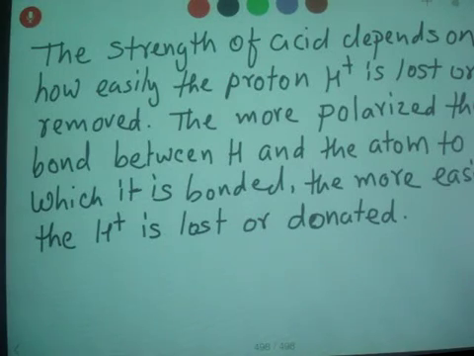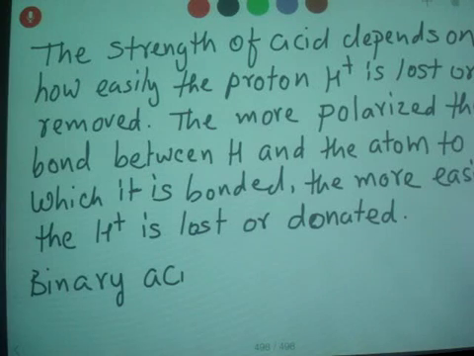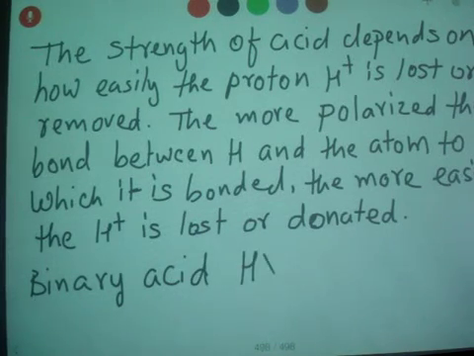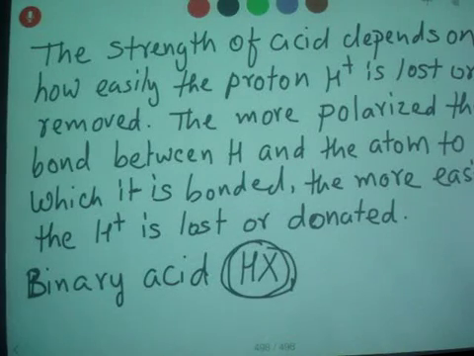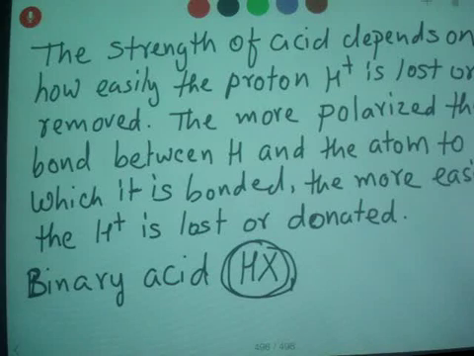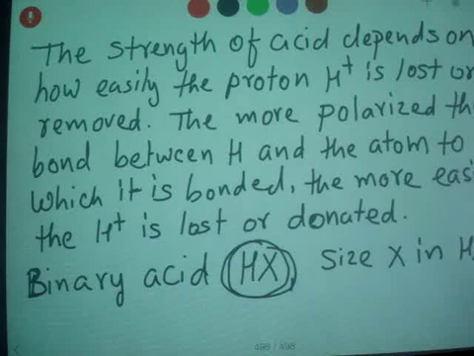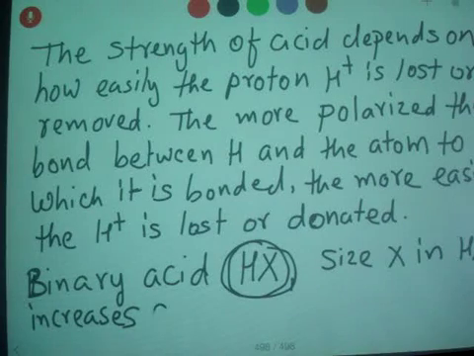Now we know that for binary acids, let's say HX, the general formula is HX, right? So how do we determine the strength of this binary acid? The size of X in HX increases while going down a group.